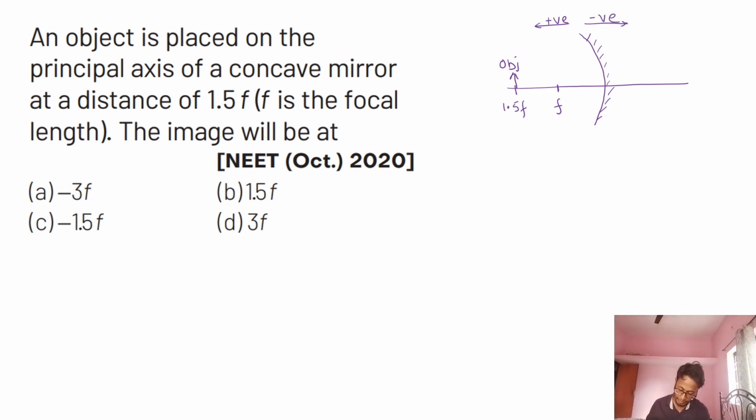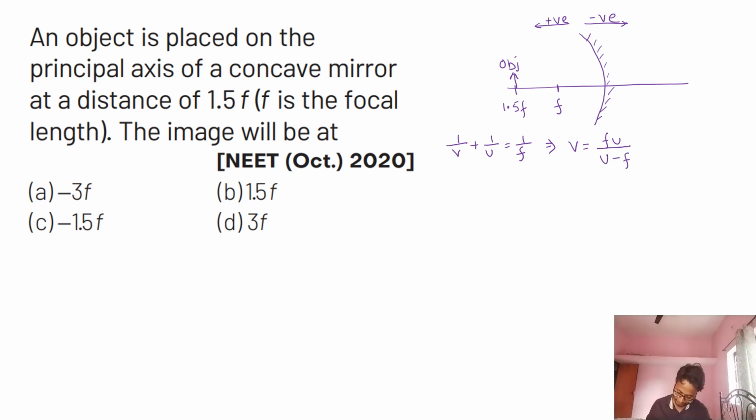So I can directly apply the formula. What is the formula? 1 by v plus 1 by u is equal to 1 by f. And if you are searching for v, v is equal to fu by u minus f.